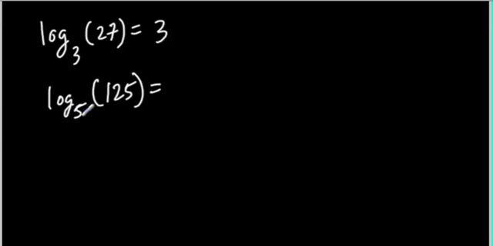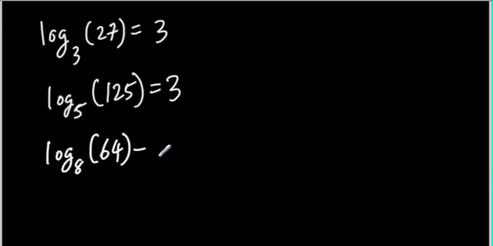The question is, 5 to the power of what will give you 125? Once again, that's also 3. Let's do log base 8 of 64. The question is, 8 to the power of what will give you 64? That's 2.